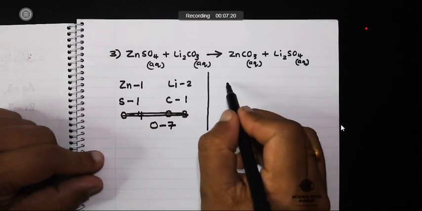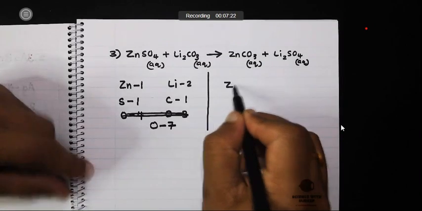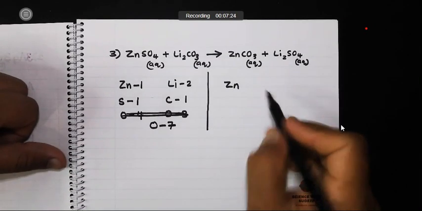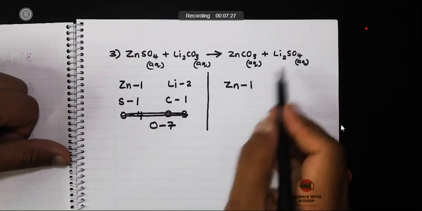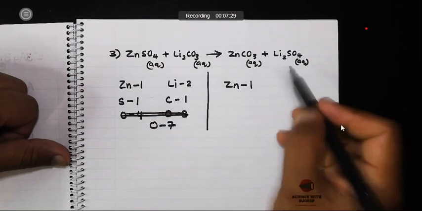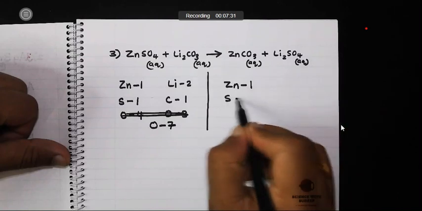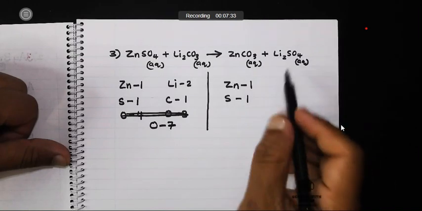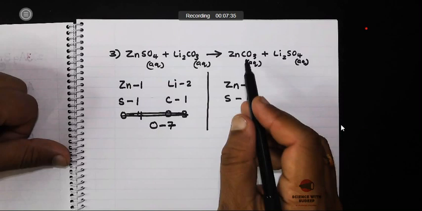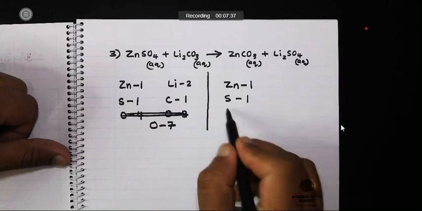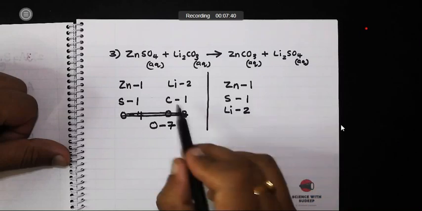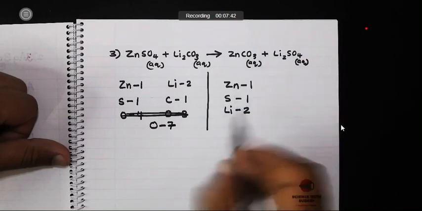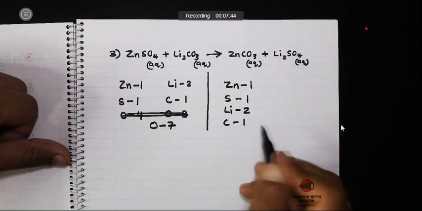Then on the right hand side we have 1 zinc. The second one is sulfur. Let's follow that order. Sulfur is 1. Then lithium. We have 2 lithiums. Then the next one is carbon. Carbon here, it's 1.